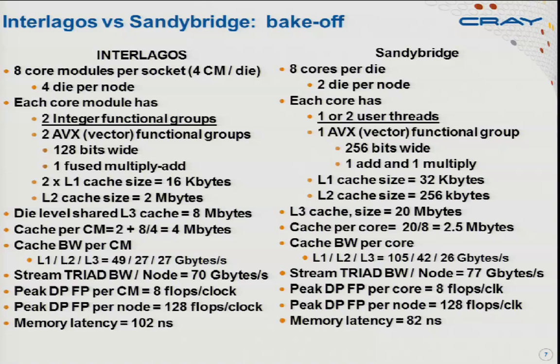And it's uniformly shared. They have a ring in there, but as far as I know, no one can detect that ring structure. So it's uniformly shared across the 8 cores. And again, if you are running in the default mode, you actually have fewer threads using those 20 megabytes.